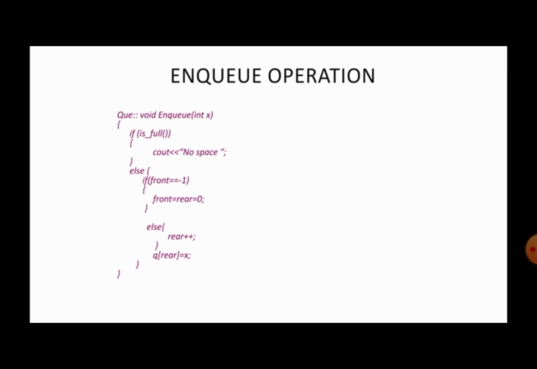If there is already a queue, then we know the front and rear will not be at -1. So we check this by: if front is equal to -1, that means there is no element in the queue, as the array index starts from index 0, so there must be a value at index 0. So if front is equal to -1, then front is equal to rear is equal to 0.